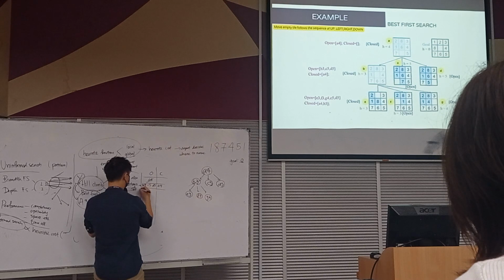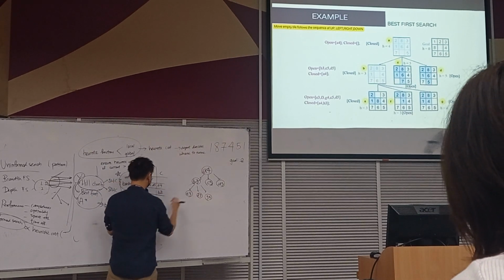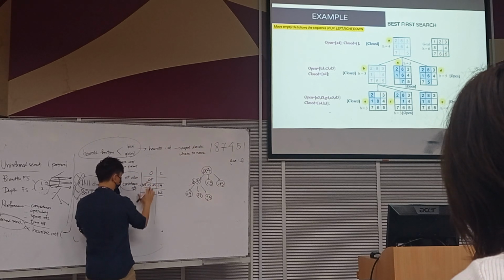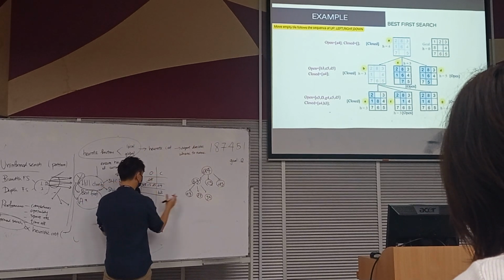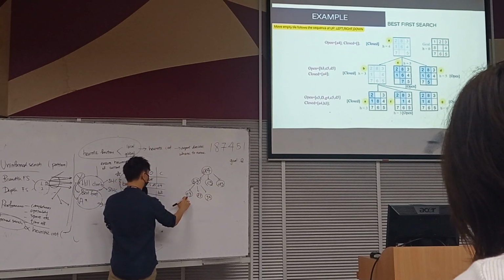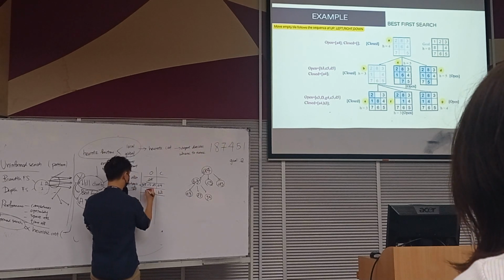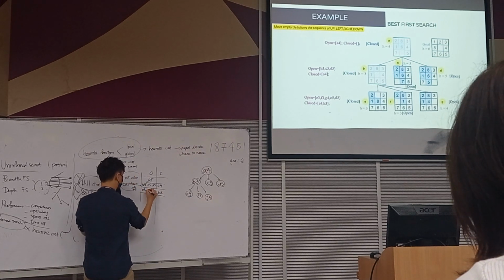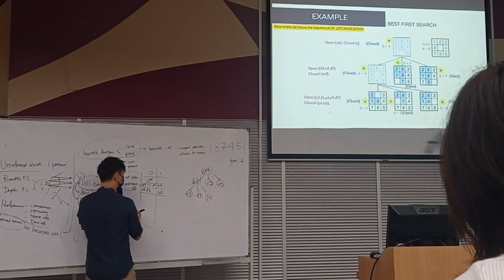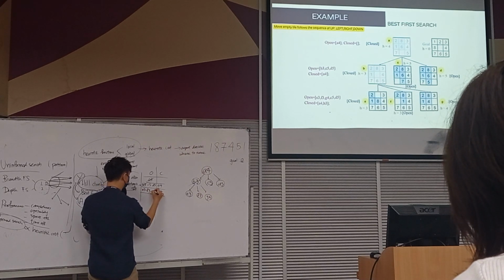So I expand B3. E, F, G never appear in the open list, so I can add them here. E3 comes first because it's the smaller value, E3, F3, followed by G4.